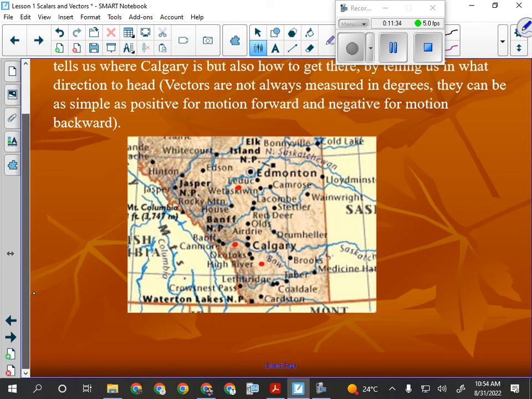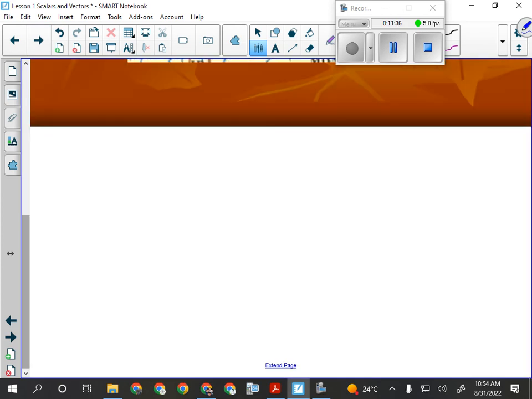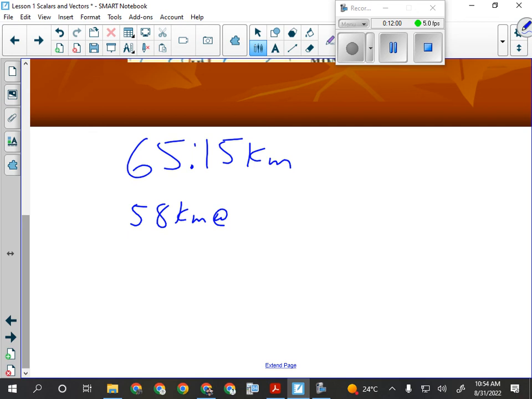Okay, if I say that to get to the airport from here, what is that, 65 kilometers, let's say, if I follow Deerfoot Trail from here to the airport, actually let's be really accurate, let's say it's 65.15 kilometers, or I say that it's 58 kilometers at 13 degrees east of north.